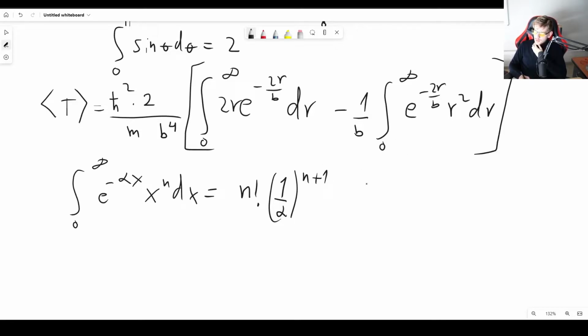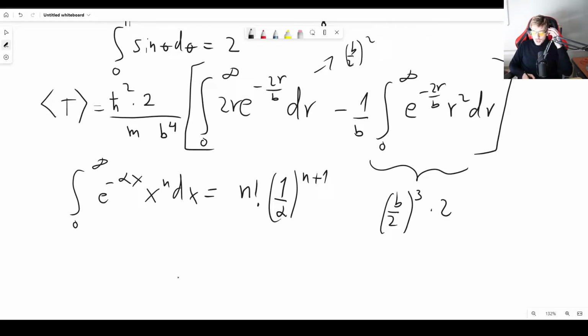So using that, this integral is simply b over 2, right, 1 over alpha, and then to the 3rd power times 2 factorial. And this one would simply be b over 2 squared times 1 factorial, and that's it.